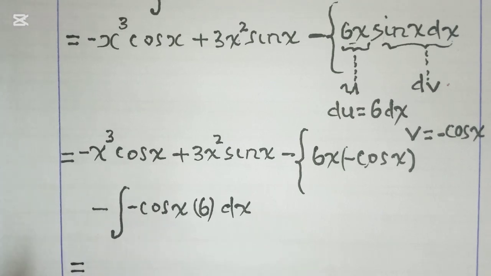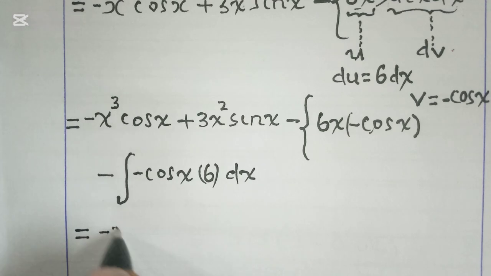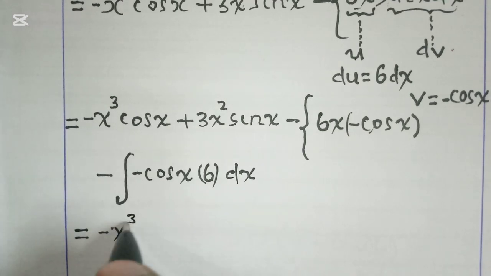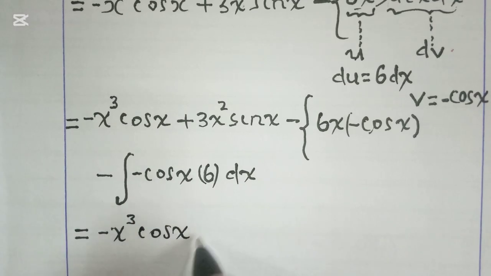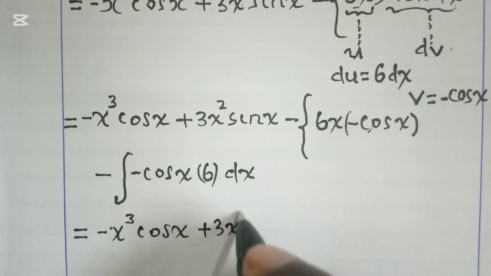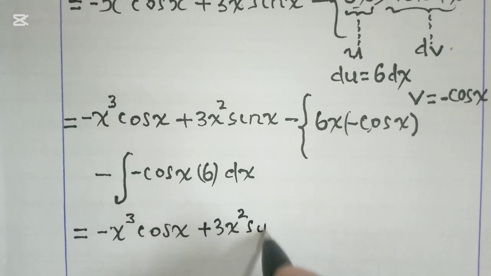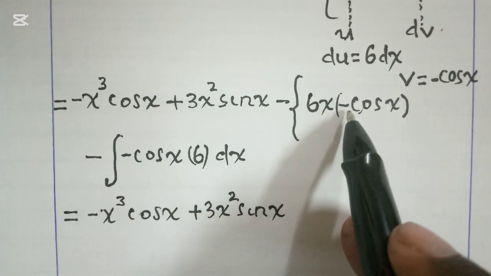Let me see. We have negative x cubed cos x plus 3x squared sin x. When we come here, guys, we multiply minus to the inside.